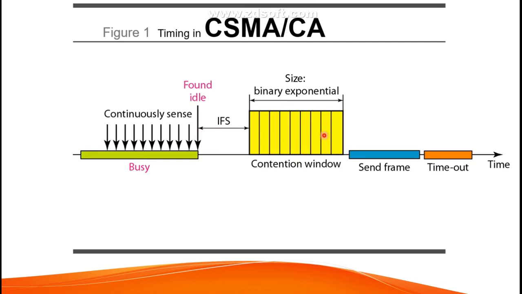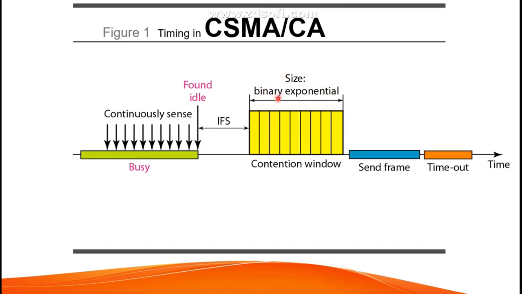Now, about the contention window. What is this contention window? It is an amount of time which is divided into slots. You can see that the slots are there. A station that is ready to send is going to choose a random number of slots as its wait time. And the number of slots in the window changes according to what?